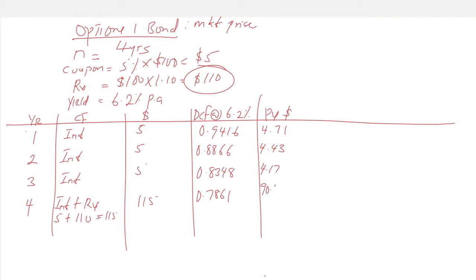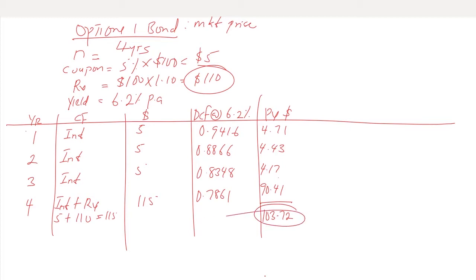That gives me 90.41. Can we sum up this together? So the summation of 4.71 plus 4.43 plus 4.17 plus 90.41. That gives me approximately 103.72. This is my market price.